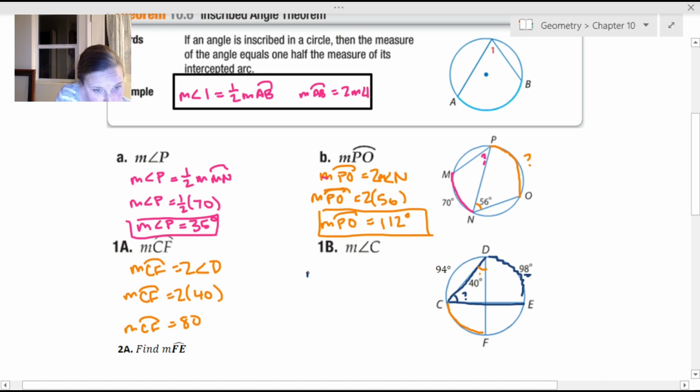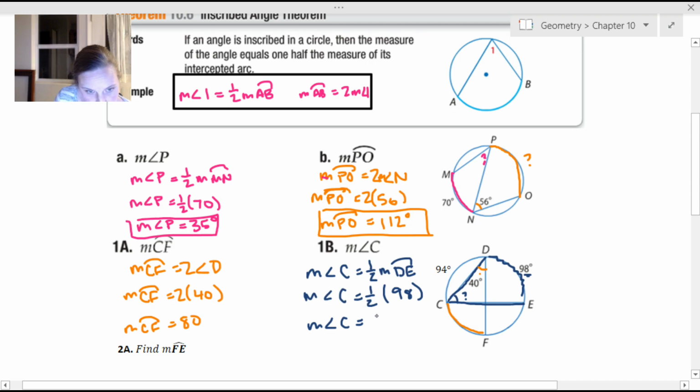So the measure of angle C is going to be half of the measure of arc DE, and in this case it's 98. So what is half of 98? It is 49 degrees.